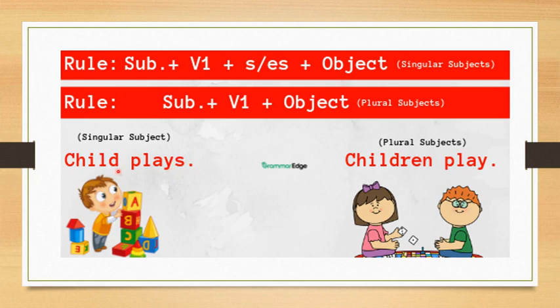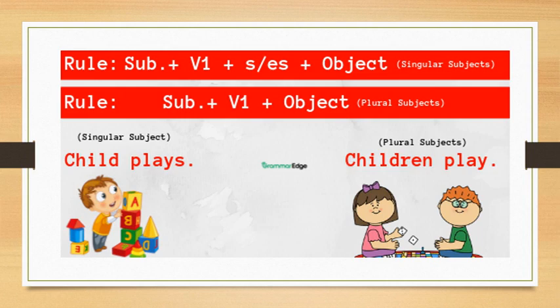And the same sentence when we use the plural form of the subject, here children. Okay, children means many, so at that time the verb remains in base form, we don't add any suffix like s or es. Play, and here plays, correct? I hope you must have understood this. This rule is applicable in case of a singular subject, this rule is applicable in case of a plural subject.